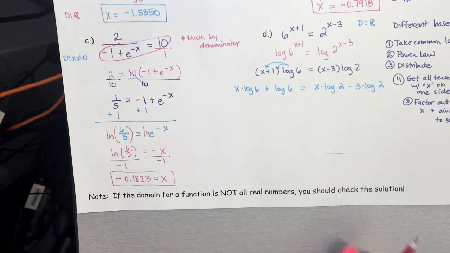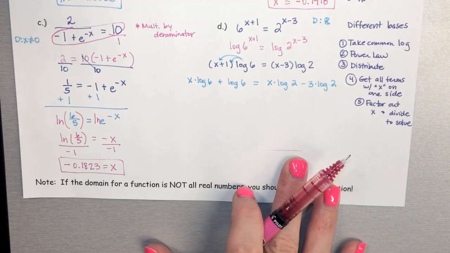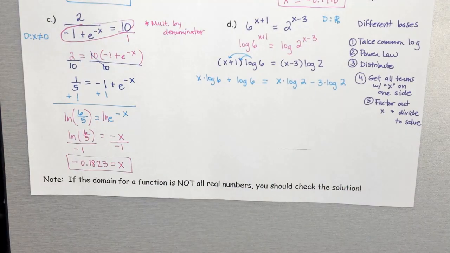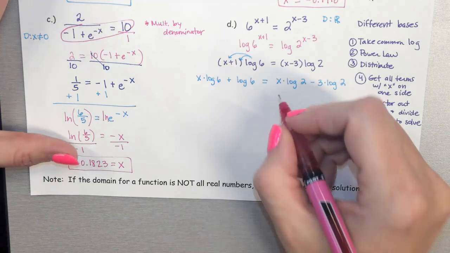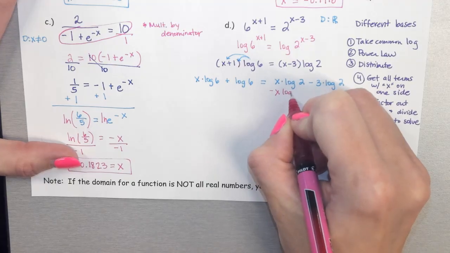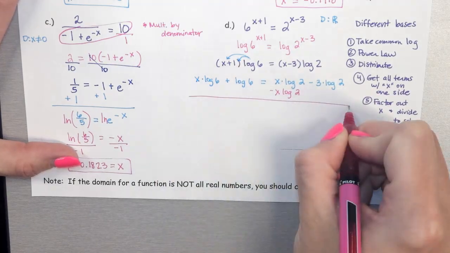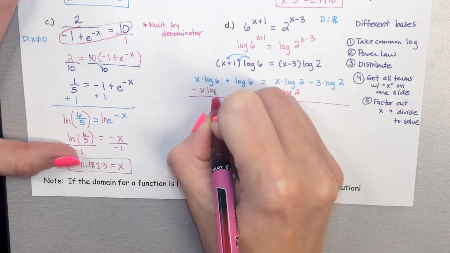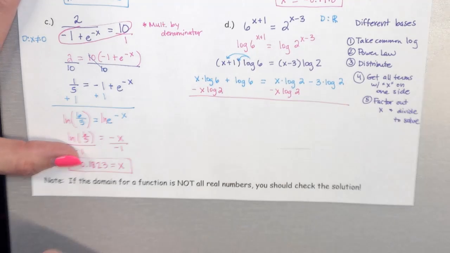Okay, so if we are moving all of our x's to one side, I'm going to be moving them to the left if you want to write that down. So I'm going to be subtracting x log 2 from this side, and all you want are the x's on this side.